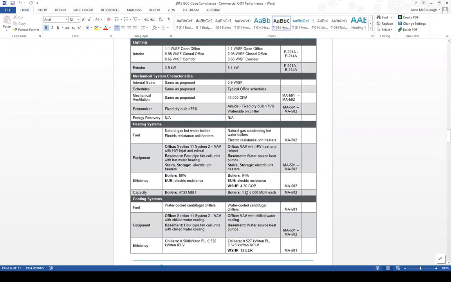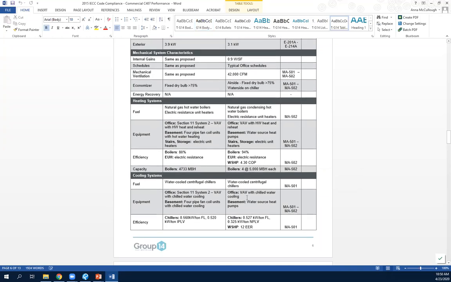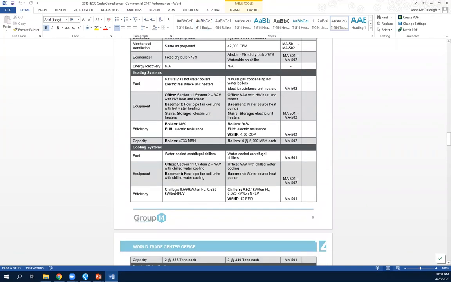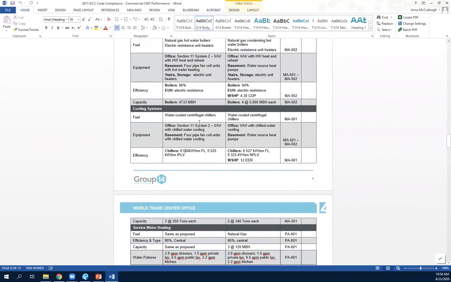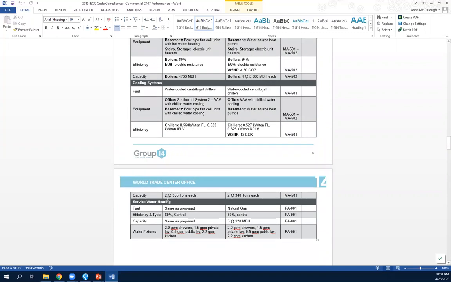What system we have based on what the proposed system is. And then all the efficiencies and the capacity. You always want to double check that the capacity of your baseline system isn't grossly higher than what's in your proposed. A lot of times we have redundancy in the proposed. That's why this one's so high. But you can really see what the efficiencies are in the baseline as compared to the proposed, what system we selected in the baseline, and then the capacity.